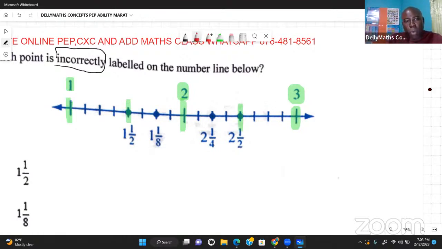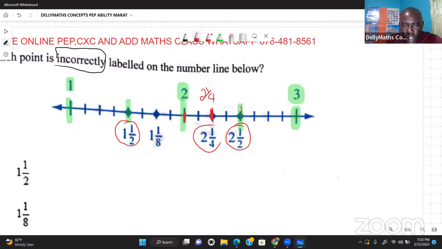So 1.5 must be halfway between 1 and 2. So this is correct. 2.5 must be halfway between 2 and 3. That is correct, right? And then when I look again, halfway between this, I see this, which is 2.25.